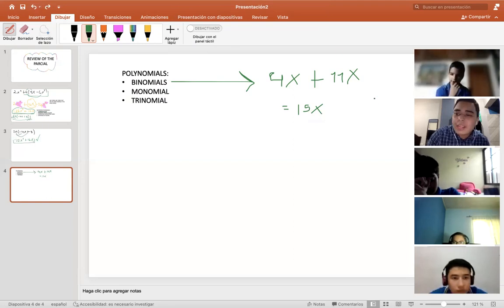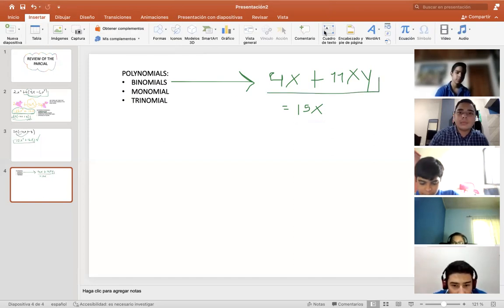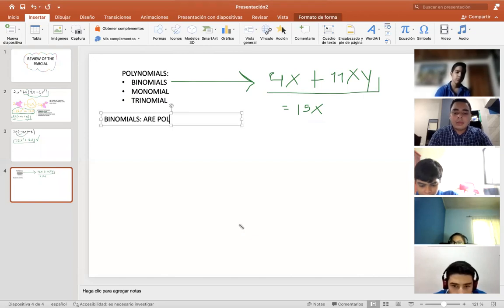But if I change something, if I put a y in here, now we have an example of a binomial. Remember that binomials, guys, I'm going to write it again. Binomials are polynomials that have two terms.